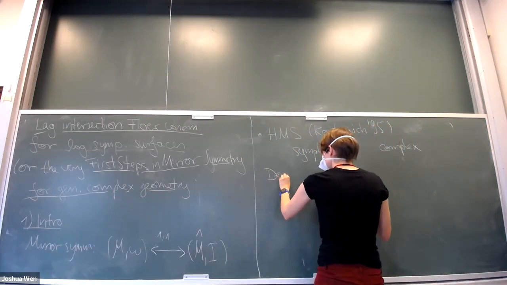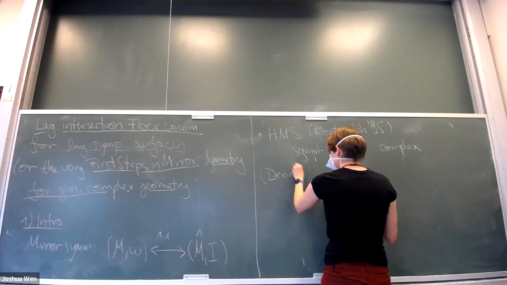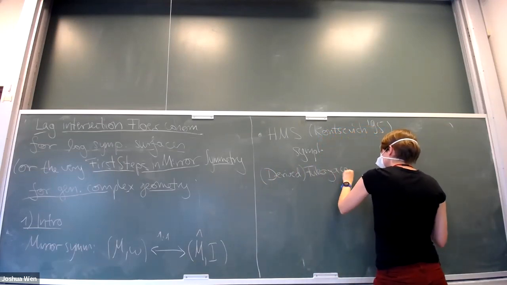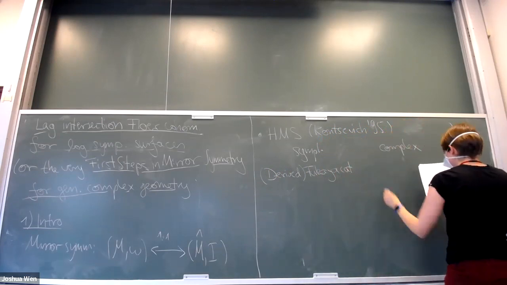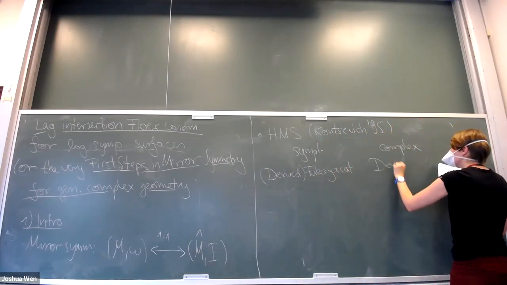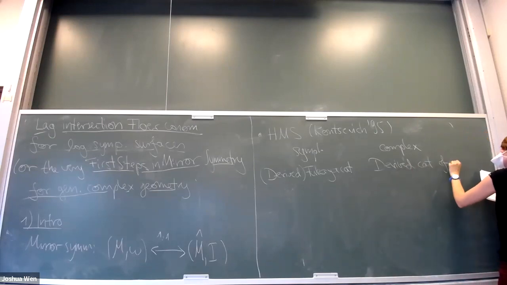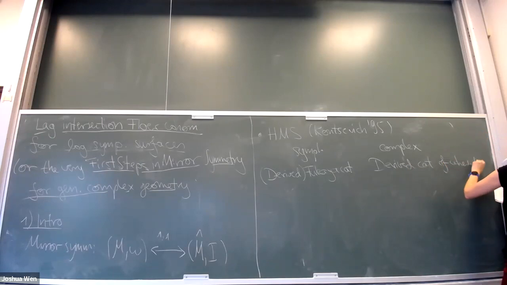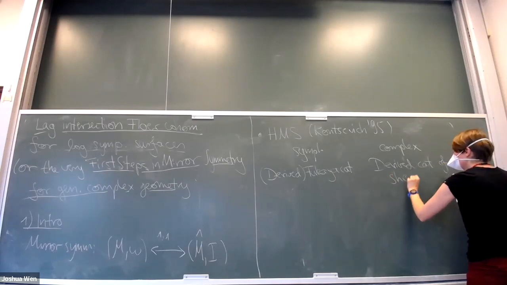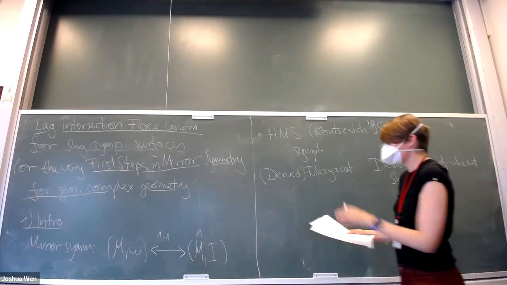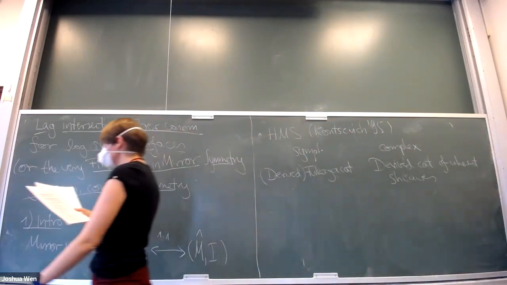So on one side, the symplectic side, we have the Fukaya category. On the complex side, we have the derived category of coherent sheaves. I'm not going to talk about the specifics all that much.